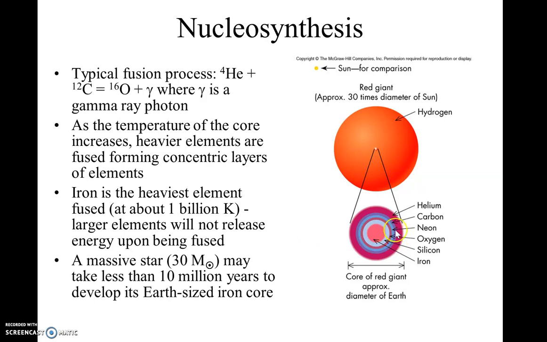So you see, if you fuse these less massive elements, then the next element that's created releases more energy when it does that. Right, the star releases more energy, but when it gets to iron, it peaks, and then it doesn't release any more energy.